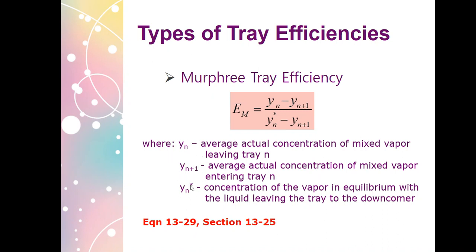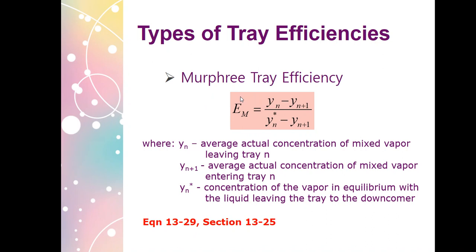The difference of the asterisk here, y sub n asterisk from the y sub n, is that this time it is the concentration of the vapor in equilibrium with the liquid leaving the tray downcomer, or leaving a specific tray through the downcomer. So everything in the formula on efficiency that has the presence of the asterisk represents equilibrium condition. And that's your Murphree tray efficiency.